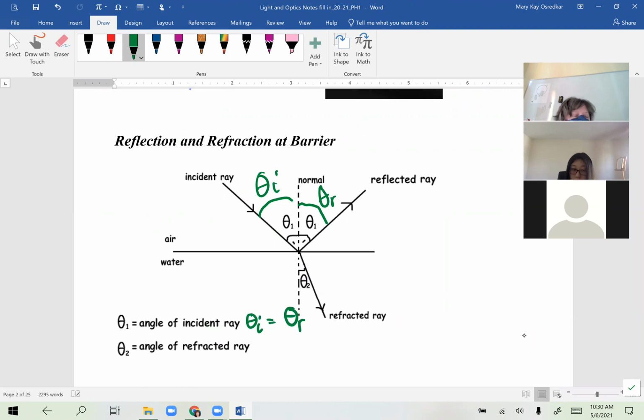And the law of reflection, which is my favorite thing ever because it's so easy: theta i equals theta r. Right, and that's lowercase r. We're going to change and call this angle 2 here the angle of refraction, which is going to be a capital R. Okay, so that's equal to angle 2.